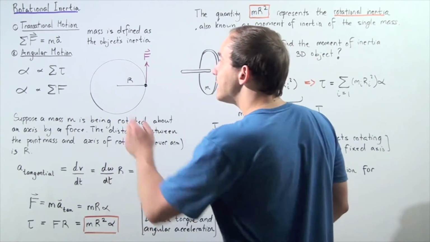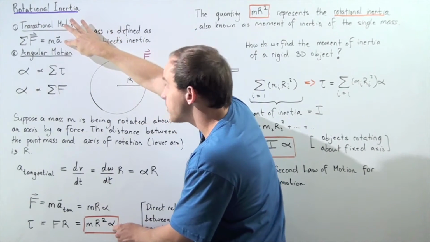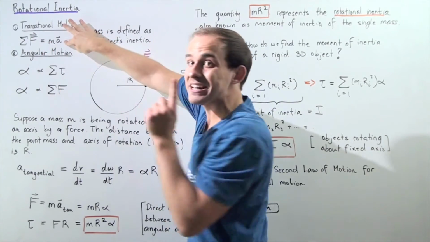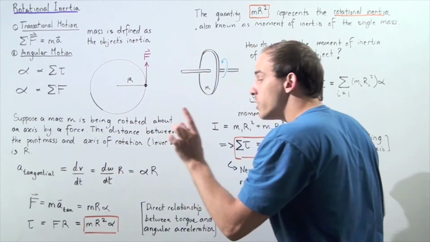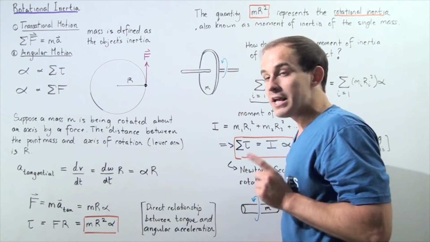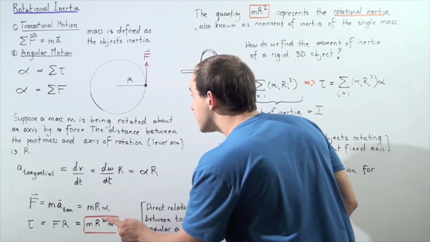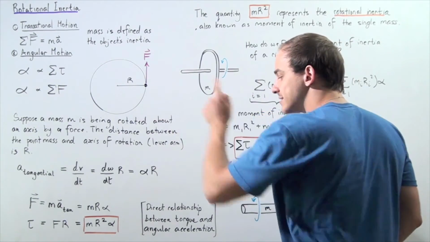Notice that here we have the linear acceleration, and here we have the angular acceleration. This is the translational inertia of the object, the mass, but whenever we're dealing with angular or rotational motion, the inertia is given by m times r squared for a point particle with mass m.